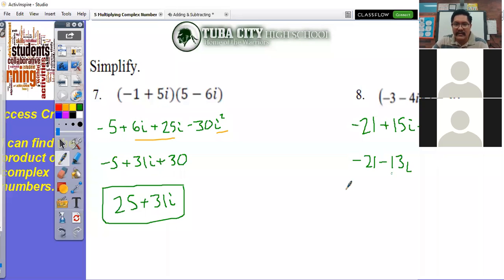It's just a quick trick on how you add integers. Just take the one with the higher absolute value, or as I like to call it, the bigger number, subtract the smaller number, but take the sign of the larger number. And, excuse me, i squared is negative 1, so negative 1 times 20.